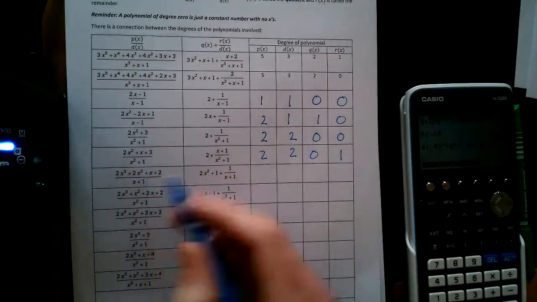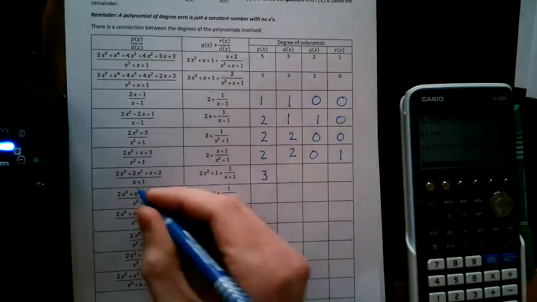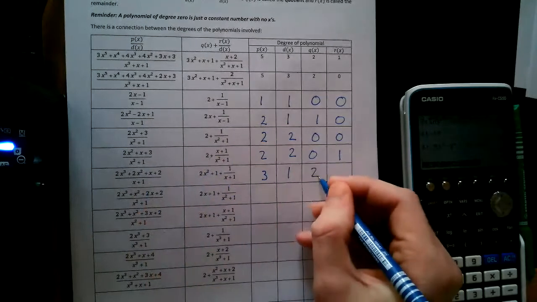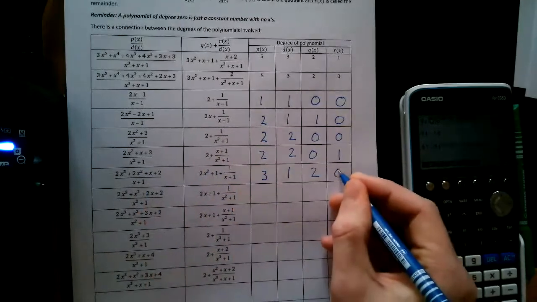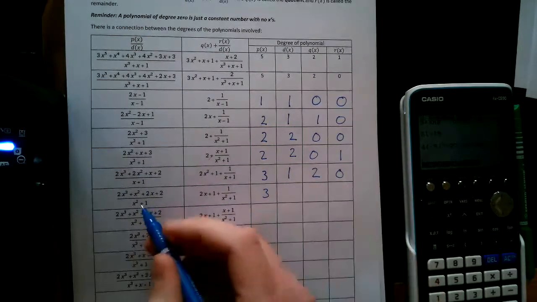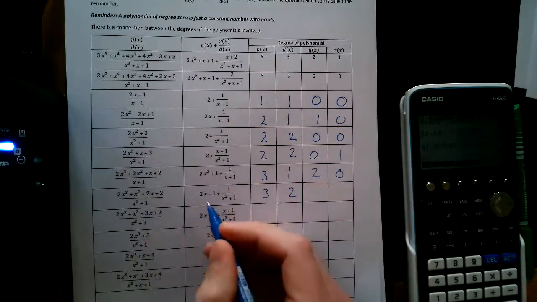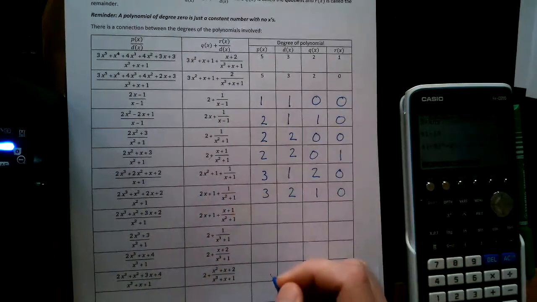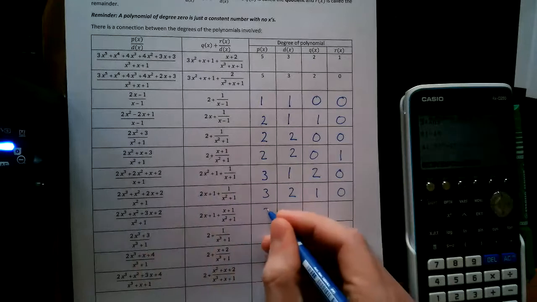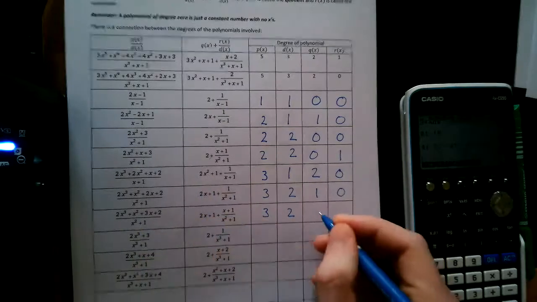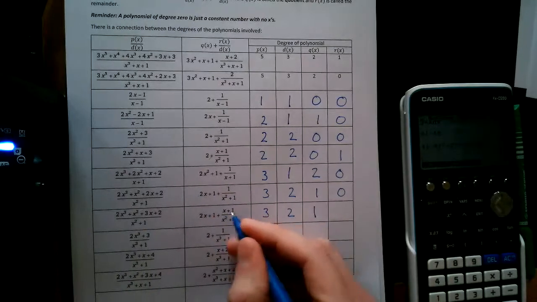Next one, top is 3, bottom's 1, quotient is 2, the remainder is 0. Next one, top is 3, bottom's 2, quotient is 1, the remainder is 0. Top is 3, bottom is 2, quotient is 1. This time the remainder is 1 as well.